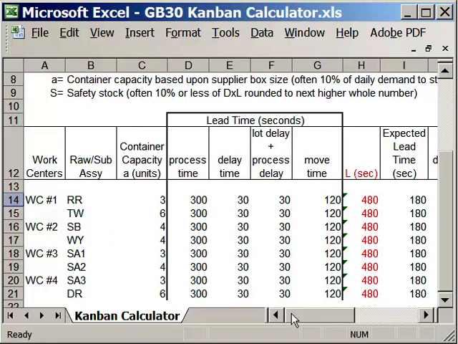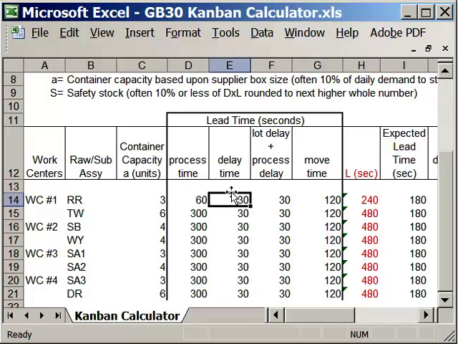In the case of the sailboat company, let's enter in what the results were from the future state after the non-value add activities were removed, Kanbans and pull system were implemented, and we can see what the inventory position will be. In this particular case, the processing time was reduced from 300 seconds down to 60 seconds.